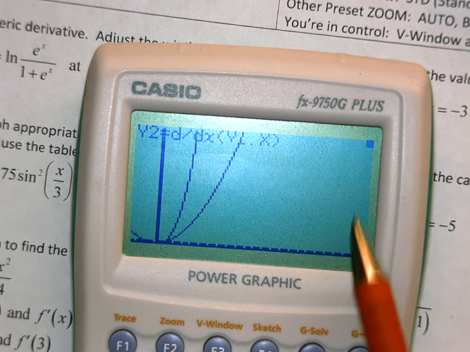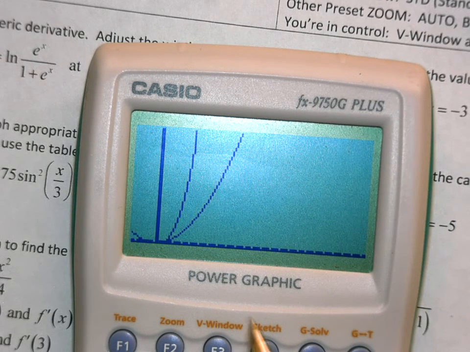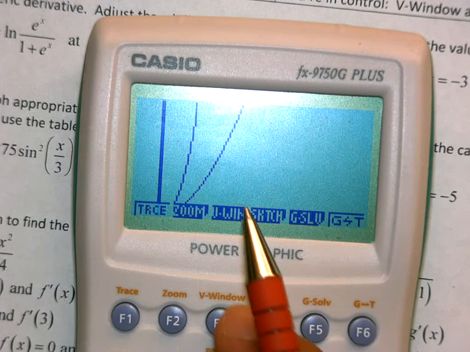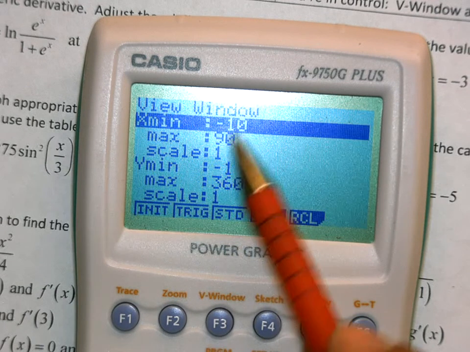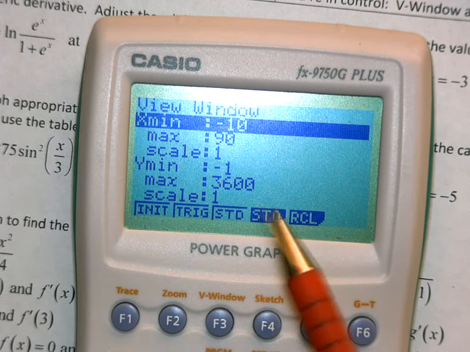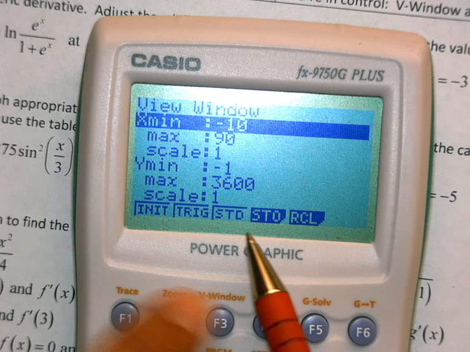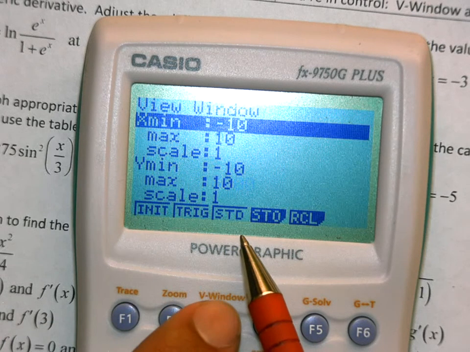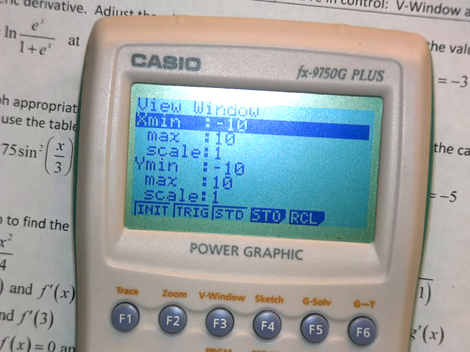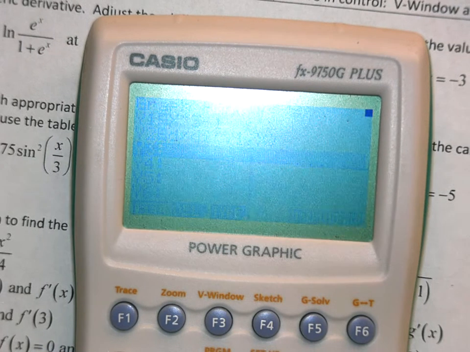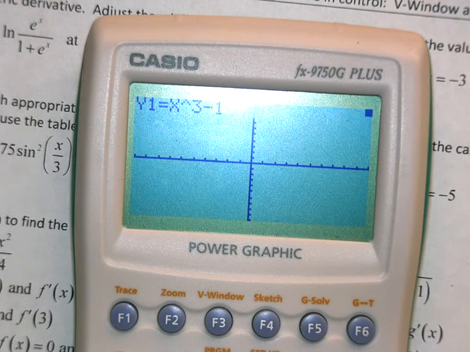Once this thing goes away, then I can actually work a little bit. Shift V-window. Here's my window settings. I can go under the standard, trig, initial. Here's standard. It resets it to negative 10, positive 10, just like our TIs.